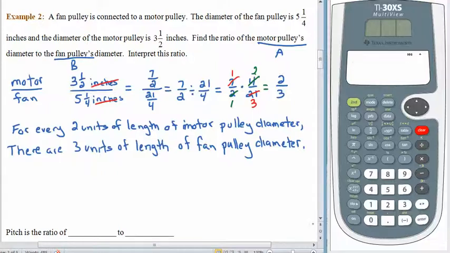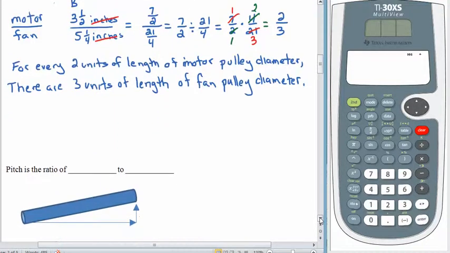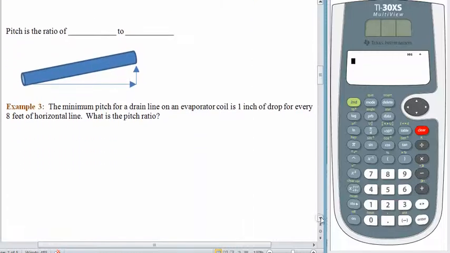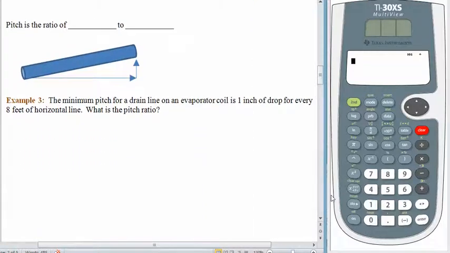One ratio that you'll see quite often is pitch. Pitch is a ratio specified in a very particular way. This is the ratio of rise to run.